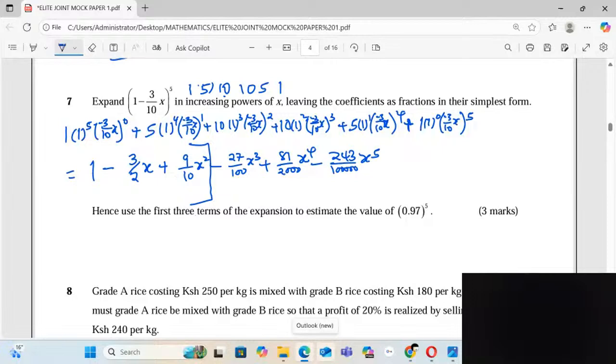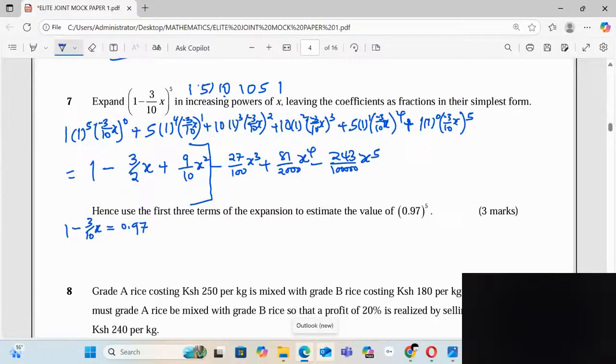So having this, we can see that 1 minus 3 over 2x to expand is equal to what we are given here as 0.97. Then we now find the value of x.